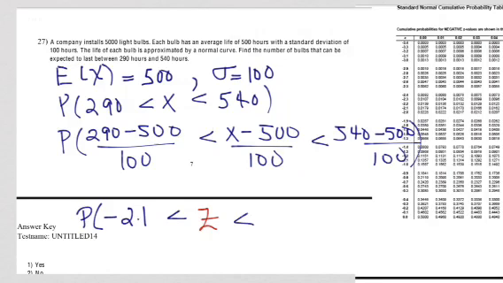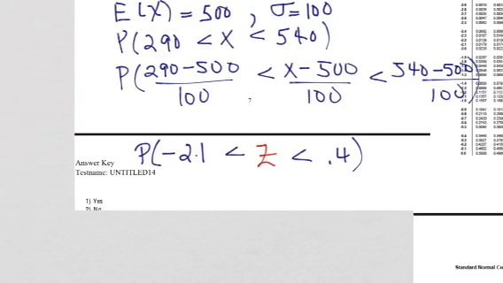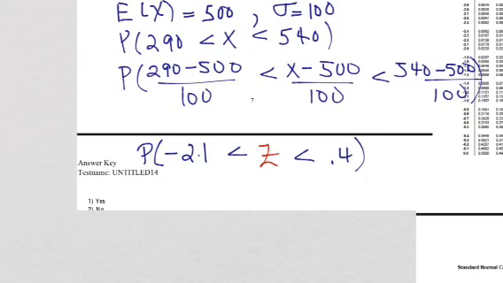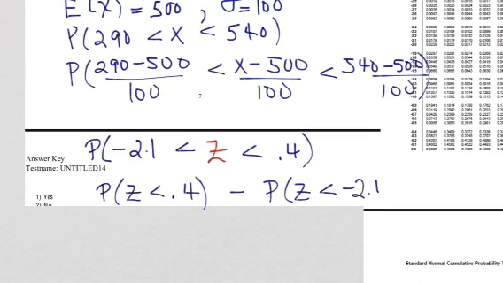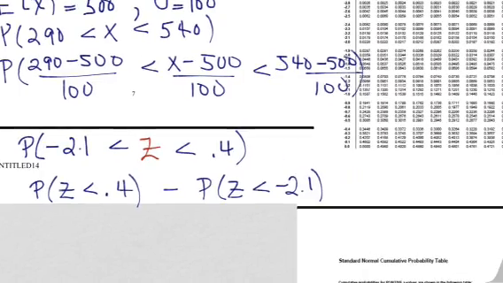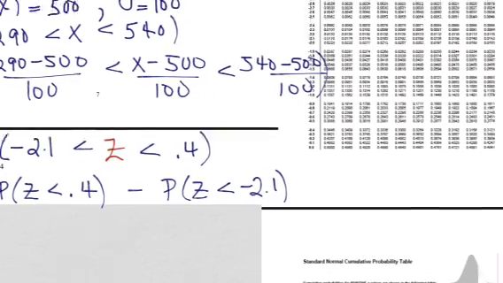And on the right, we get 0.4. To find the probability of lying between two values, you do the probability of being less than the bigger value minus the probability of being less than the smaller value. So now I have to find 0.4 on the edge of the table.